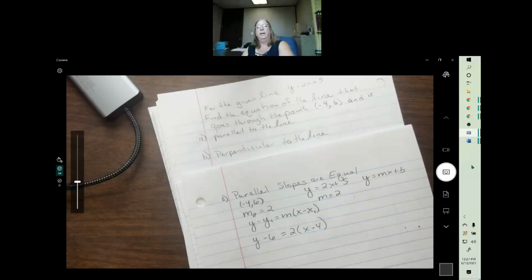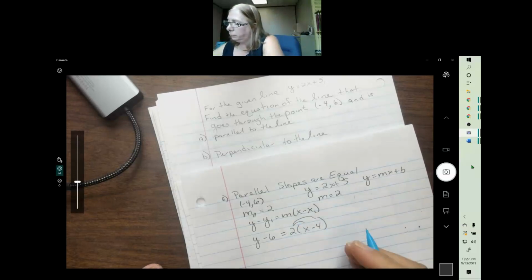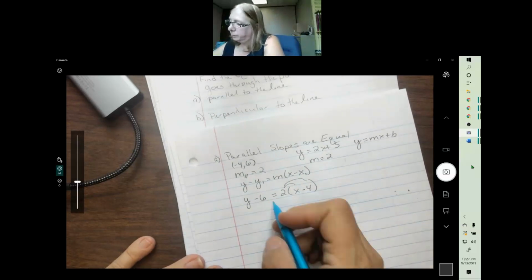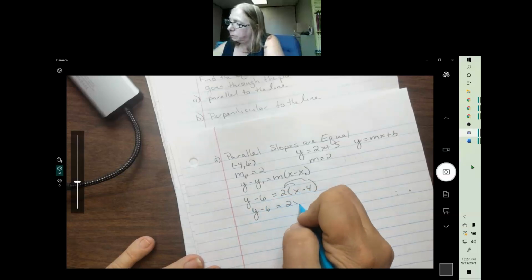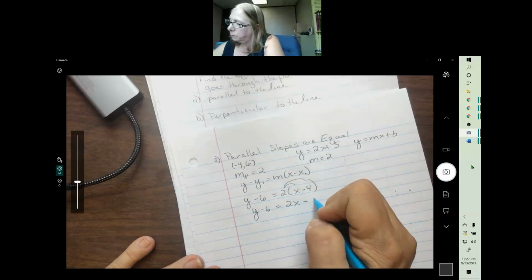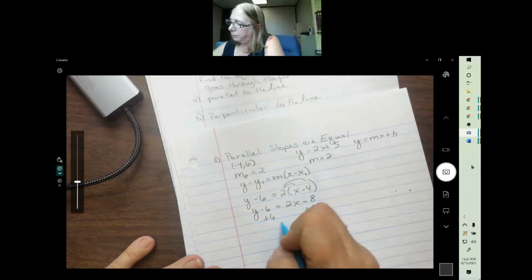On a test, I would ask for it to be in y equals mx plus b form, so you would have to solve it for y. Distribute the 2. And then add the 6 to the other side.